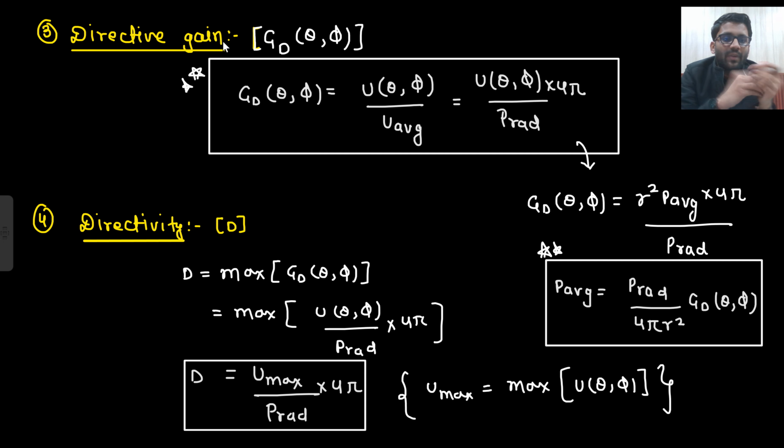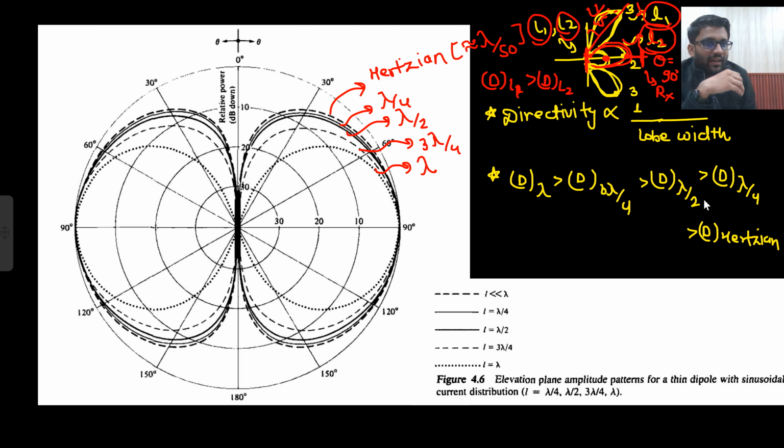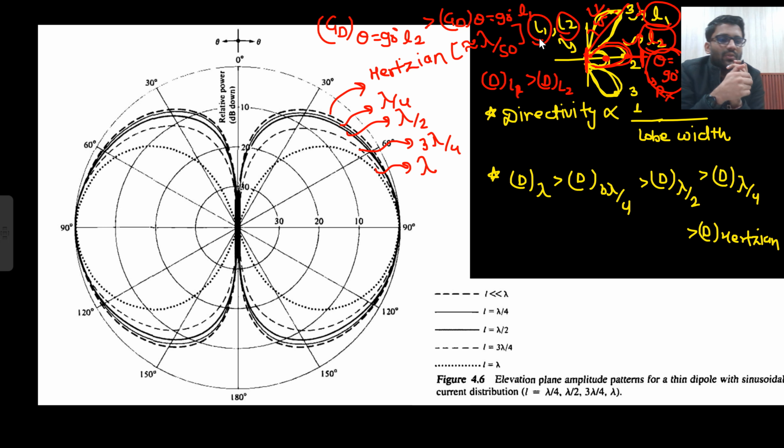So here I need to check my directive gain at theta equals 90 degrees. The directive gain at theta equals 90 degrees for the case of L2 will be more than the directive gain at theta equals 90 degrees for the case of L1. Say yes or no? Because directive gain tells the radiation at a particular angle, but directivity tells the maximum or concentrated radiation in the direction of maximum radiation.